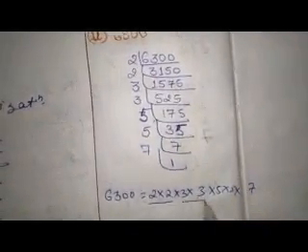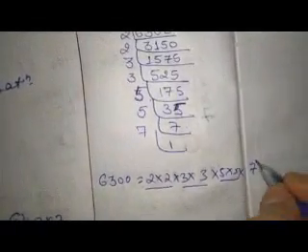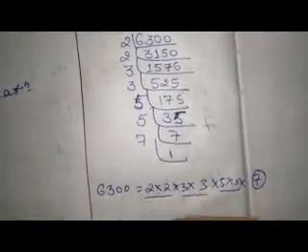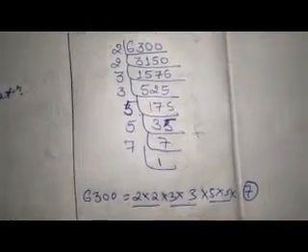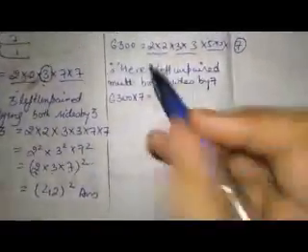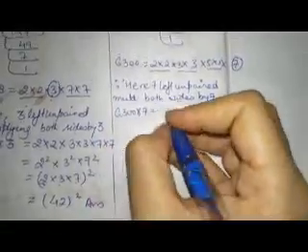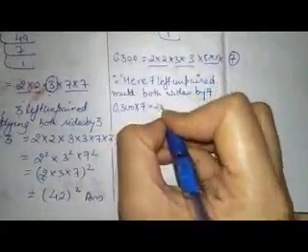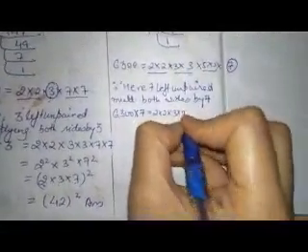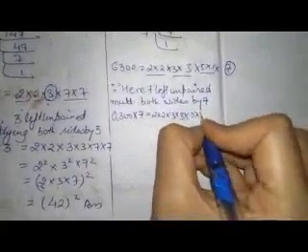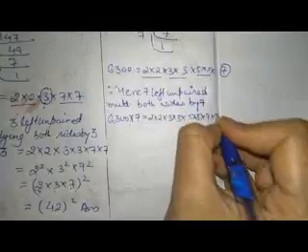Here all the numbers are in pairs. Only 7 is left unpaired. So I will write here 7 was left unpaired, so I multiplied both sides with 7. 6300 into 7, whereas 2 into 2 into 3 into 3 into 5 into 5 into 7 into 7.